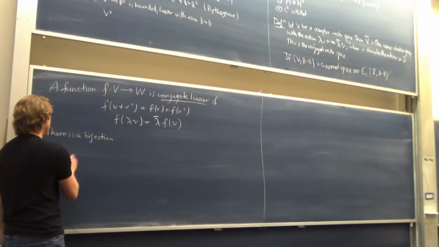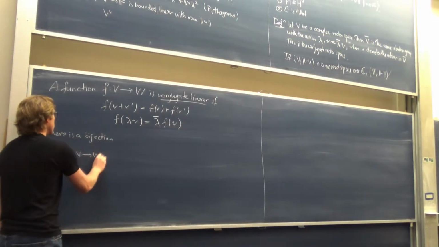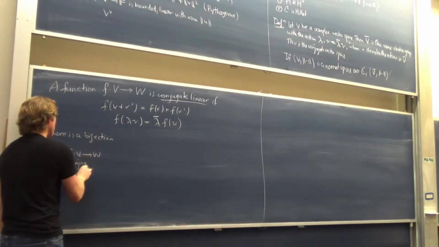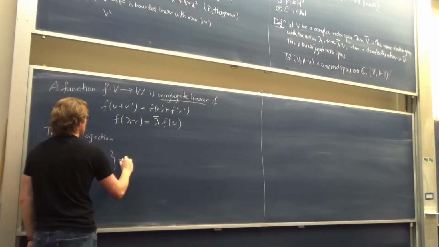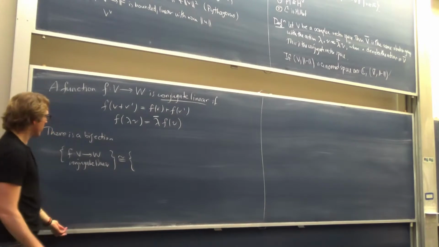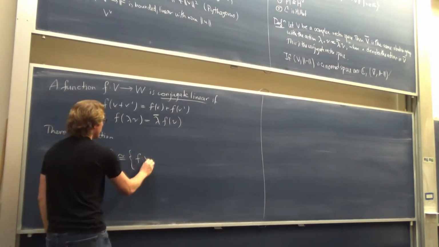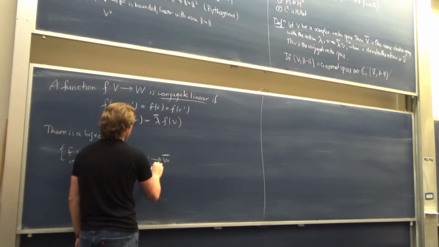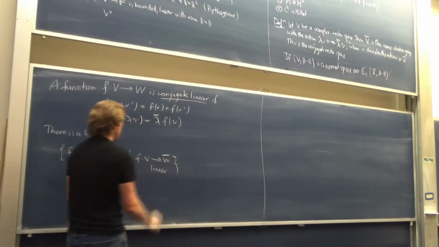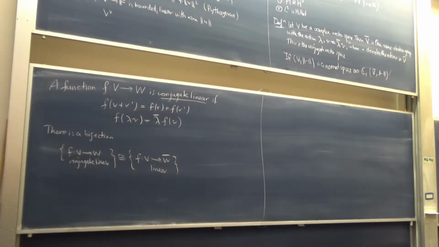Okay, so there's a bijection between conjugate linear maps from V to W and linear maps from V to W bar. It's not a very exciting bijection, it's the identity. I don't do anything to the function.